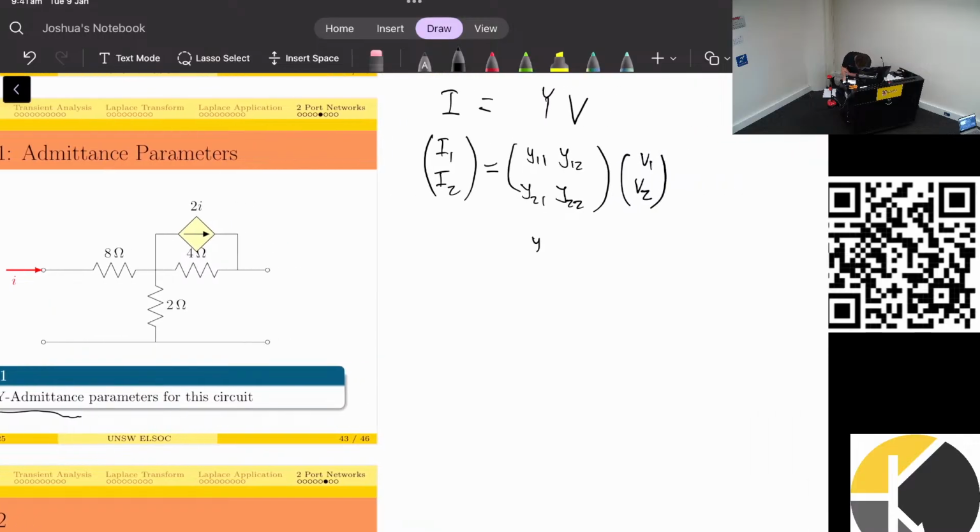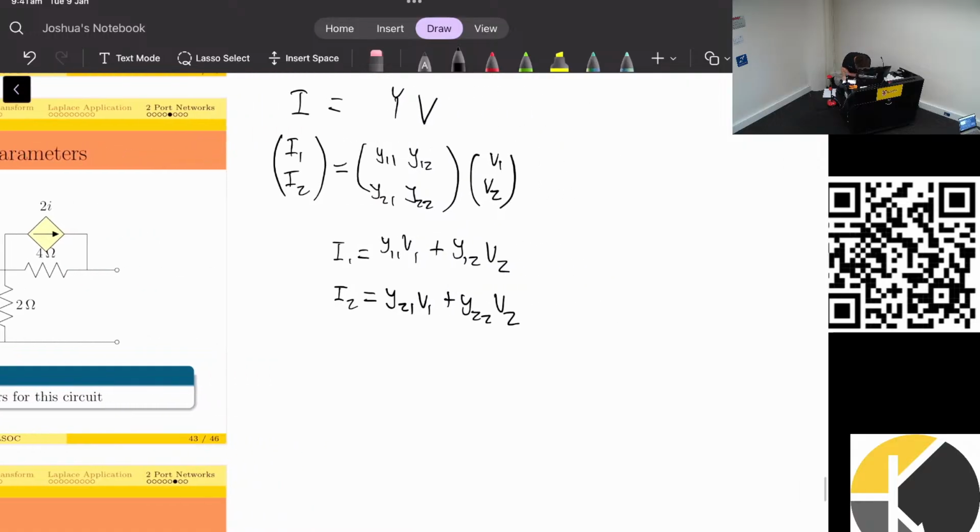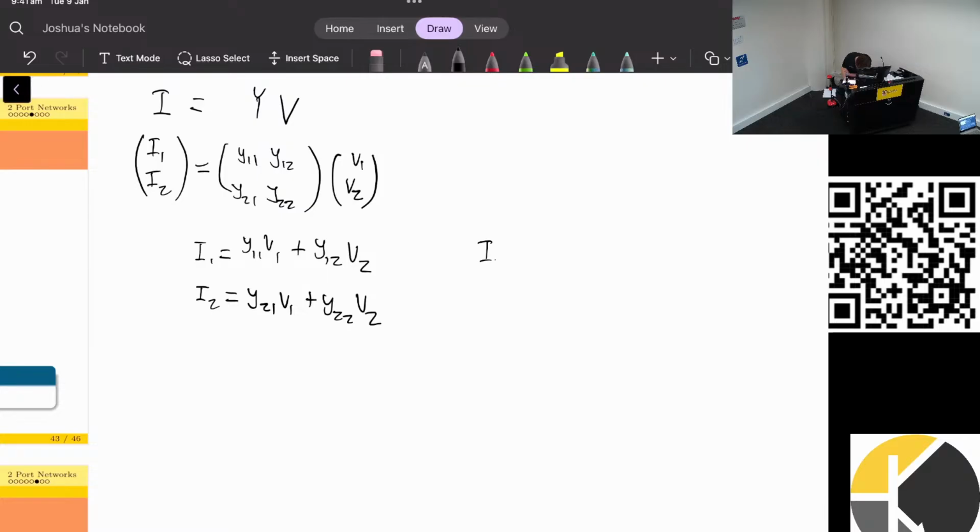So for example, y11 v1 plus y12 v2 is equal to I1, and I2 equals y21 v1 plus y22 v2. And then you can figure out that I1 on v1 is equal to y11 when v2 equals 0, etc. You figure out the parameters.